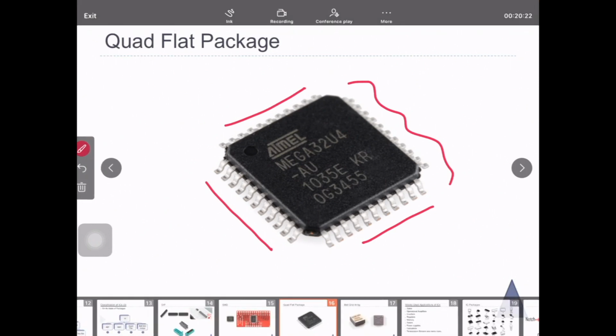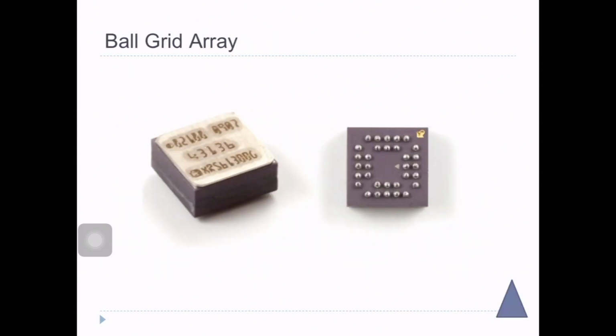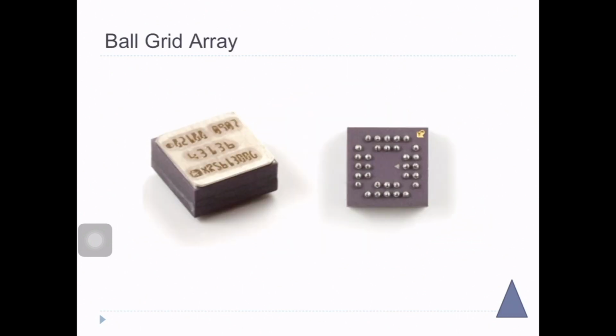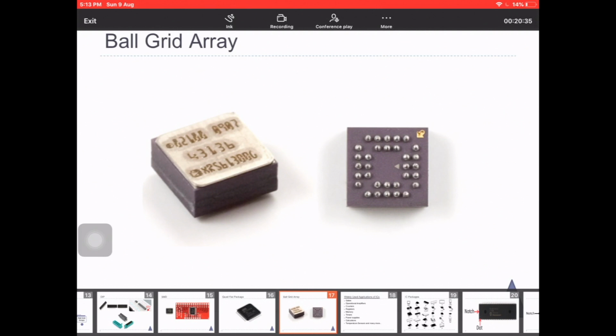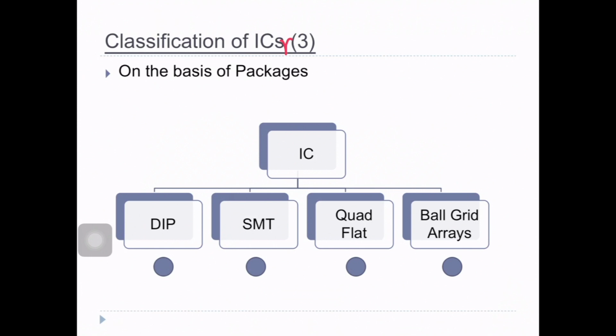And the other are the ball grid arrays. In ball grid arrays, as you can see, these balls are provided in place of pins. The connections are now made like this. So these are the classification of the ICs on the basis of packages.